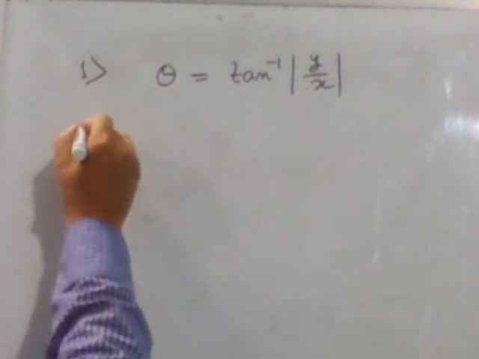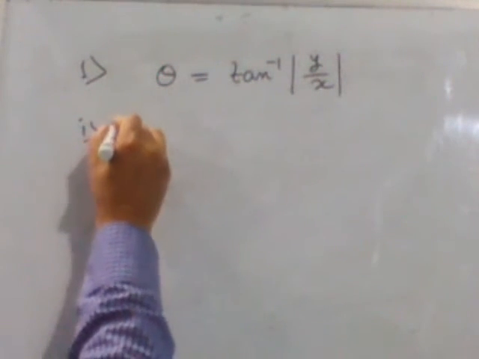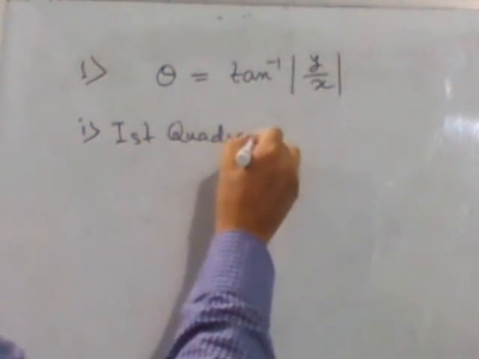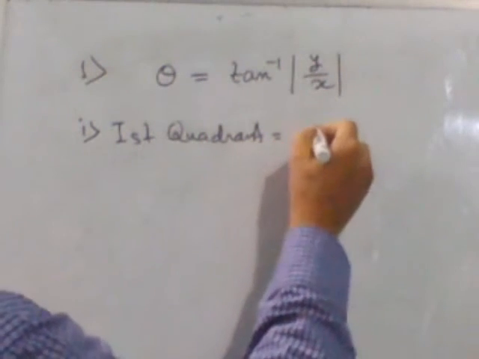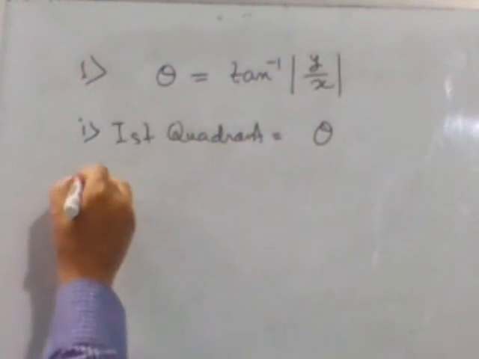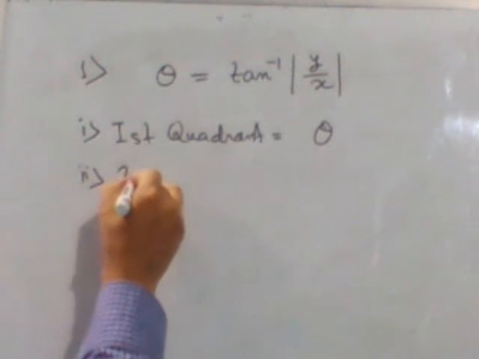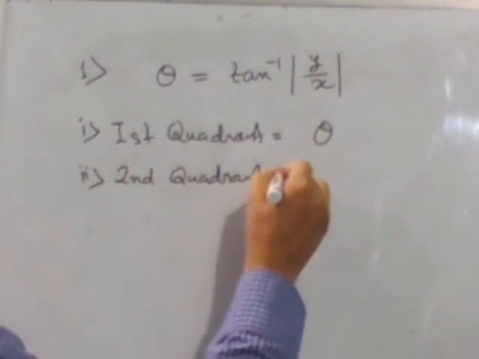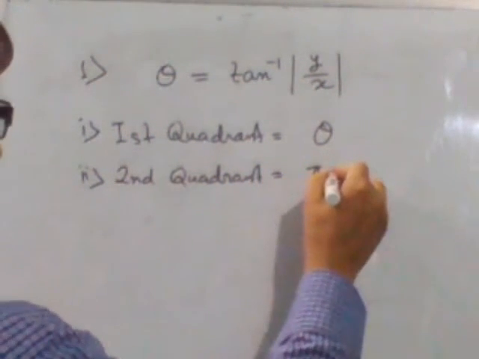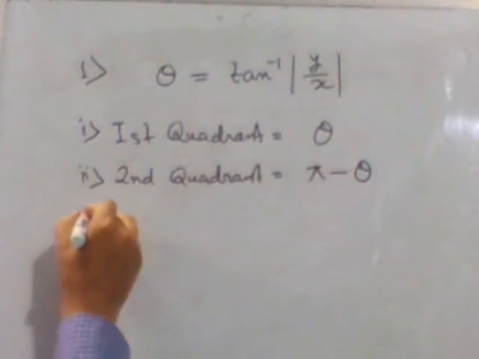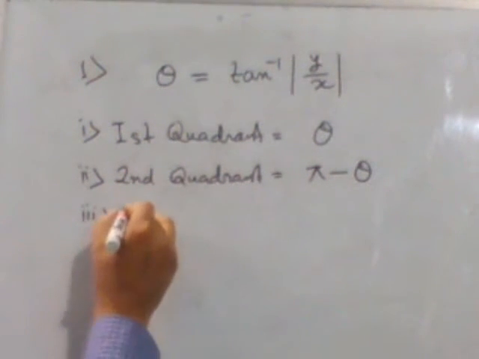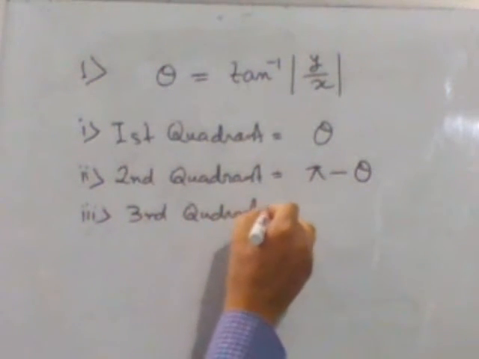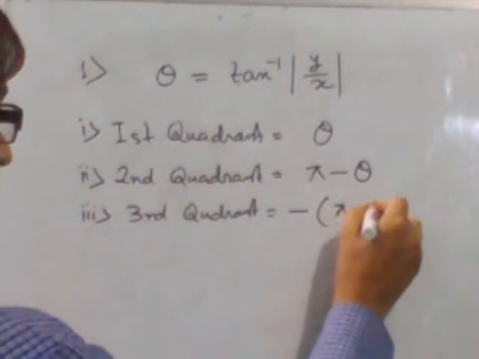Now the steps are: number 1, for the first quadrant, you take the value as it is, theta. Number 2, for the second quadrant, you take the value pi minus theta. For the third quadrant, you take the value minus of pi minus theta.